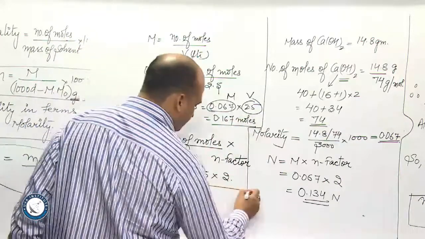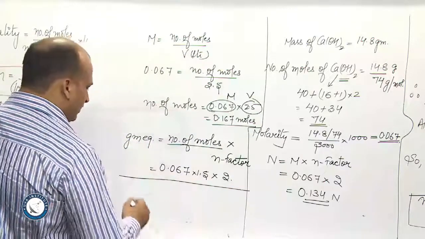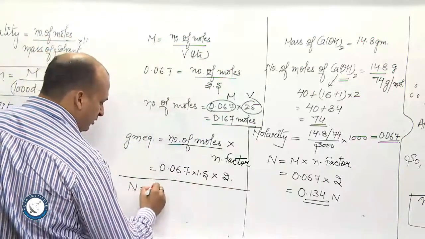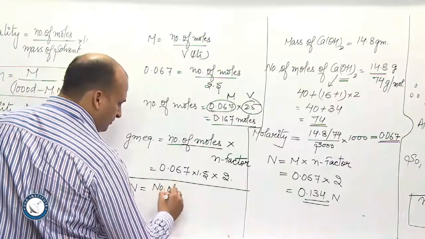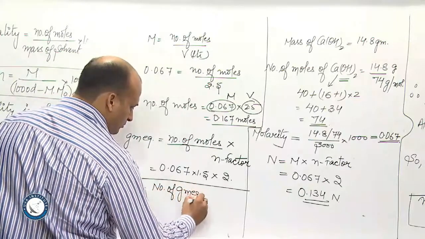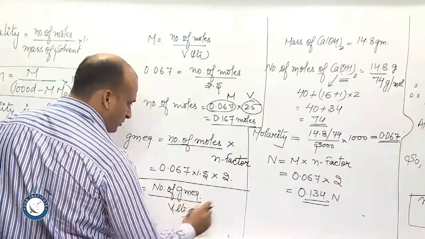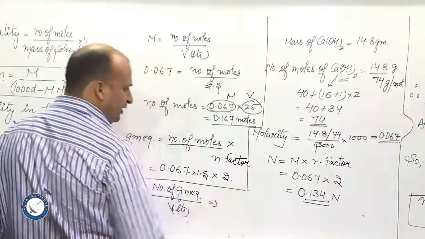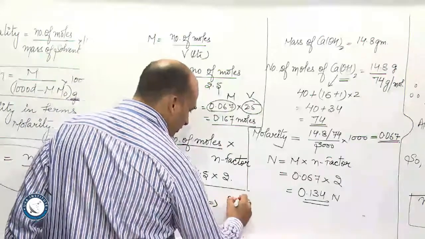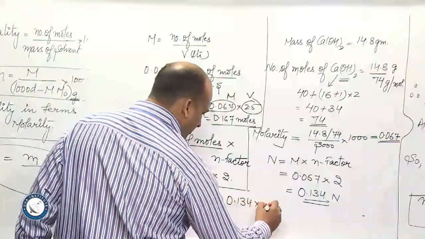This is one way. Second way of doing is, normality is equal to number of gram equivalent upon volume in liter. Now what is normality? 0.134, volume is 1.5.